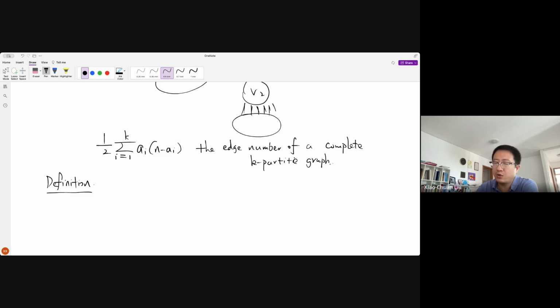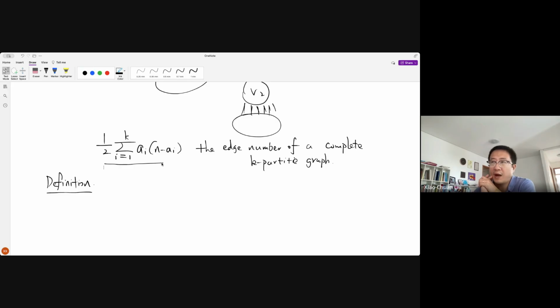So there's a question, I don't know if I should mention it later. If you try to maximize this number, I hope to find a complete k-partition graph by choosing different part sizes. It's just a high school inequality, you should know.